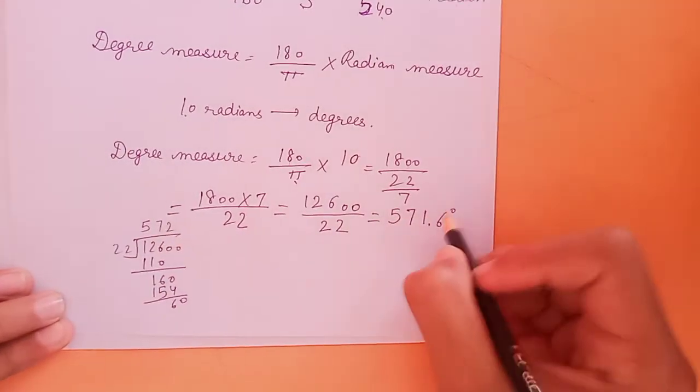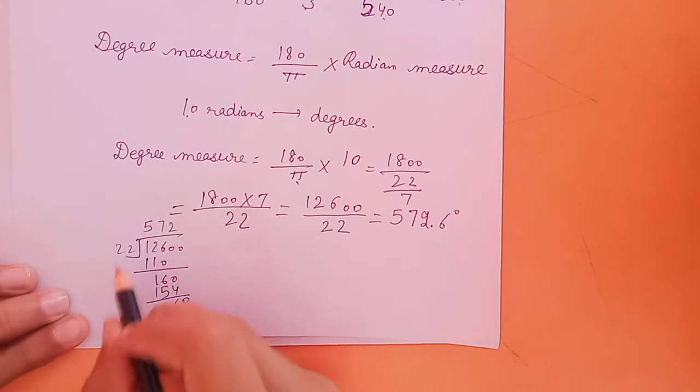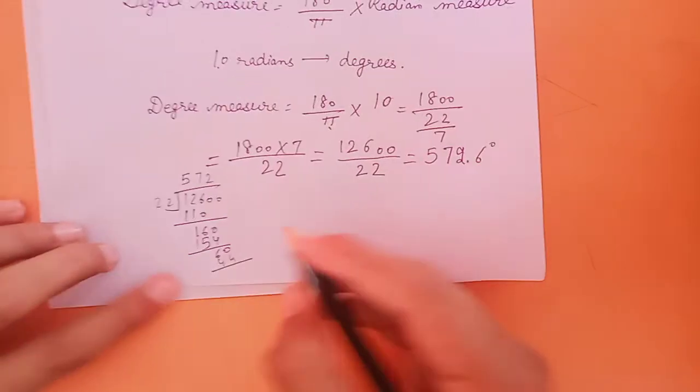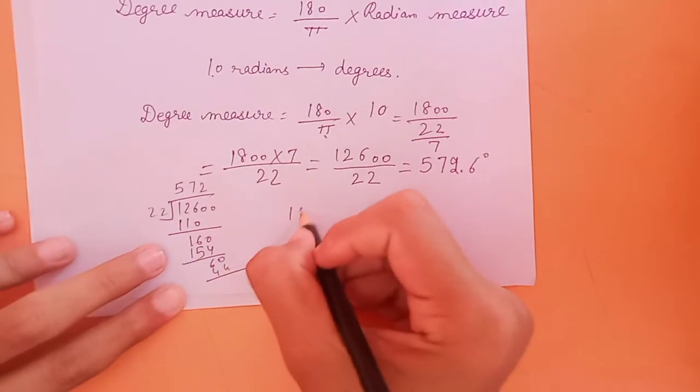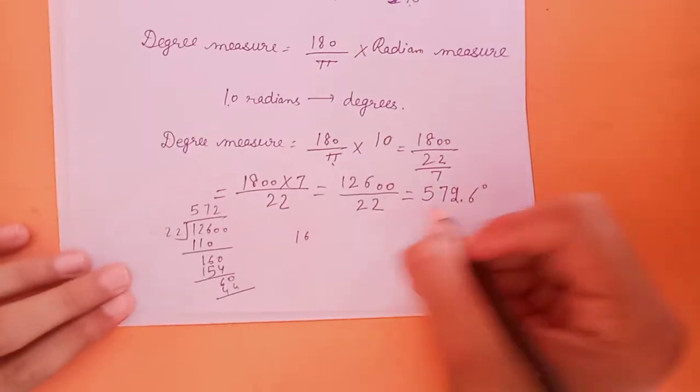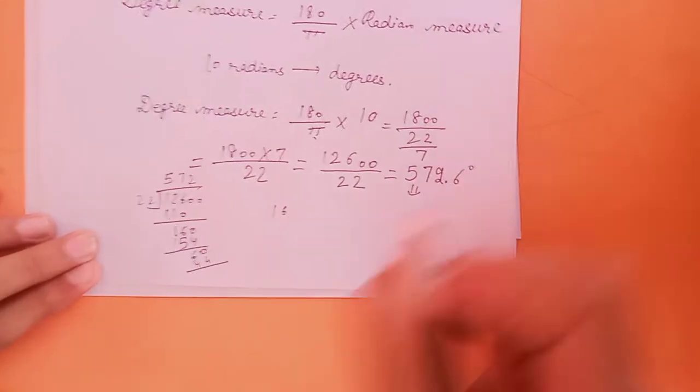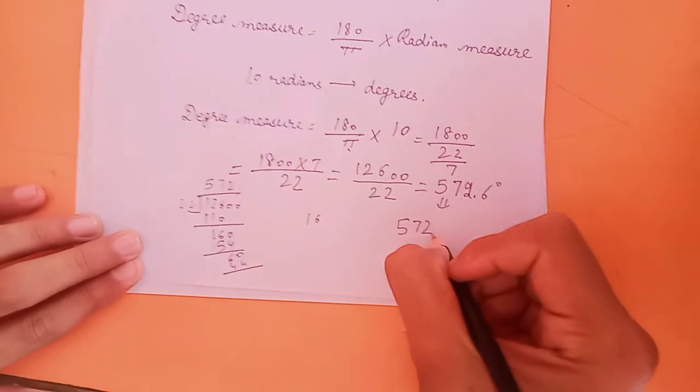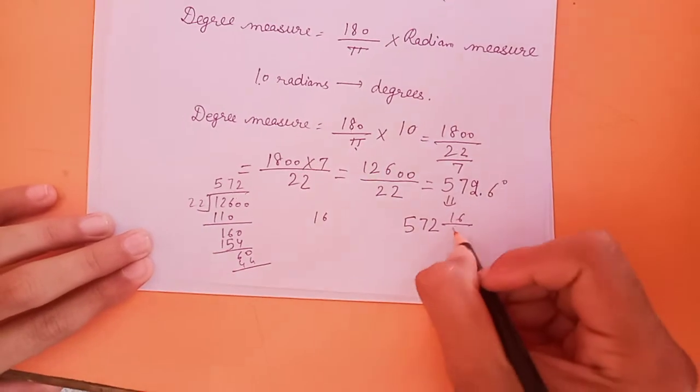We will get 2, 44. Now our remainder is 16. So this can be written as 572 and 16 by 22.